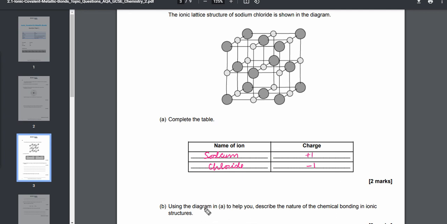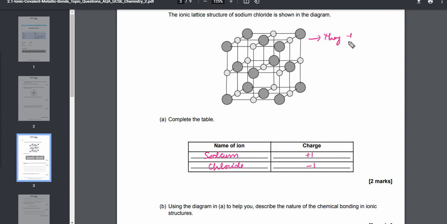Okay, now in part B it says using the diagram in A to help you describe the nature of the chemical bonding in ionic structures. So in ionic structures they form giant lattice structures with alternating positive and negative ions. So I'll write it over here.